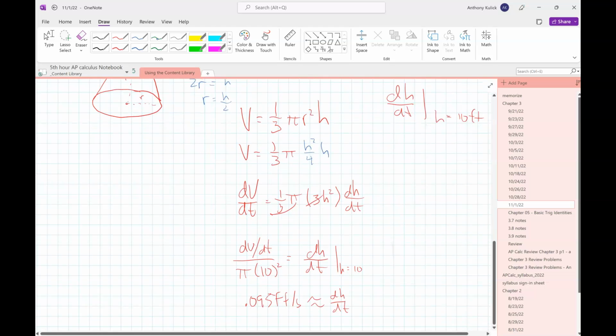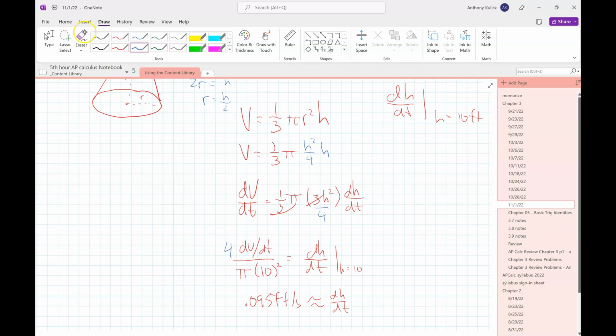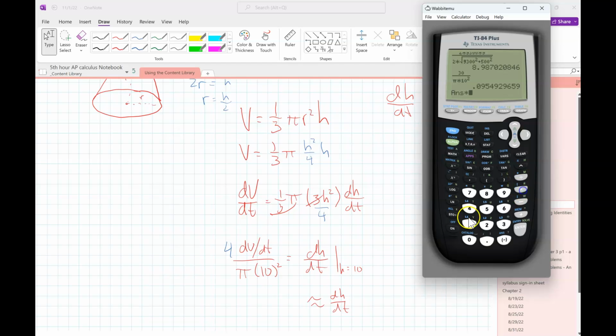So I'm missing a factor of 1 over 4 here. And I think if I just take that and multiply it by 4, I should have the right answer. Yup, 0.38 is about right.